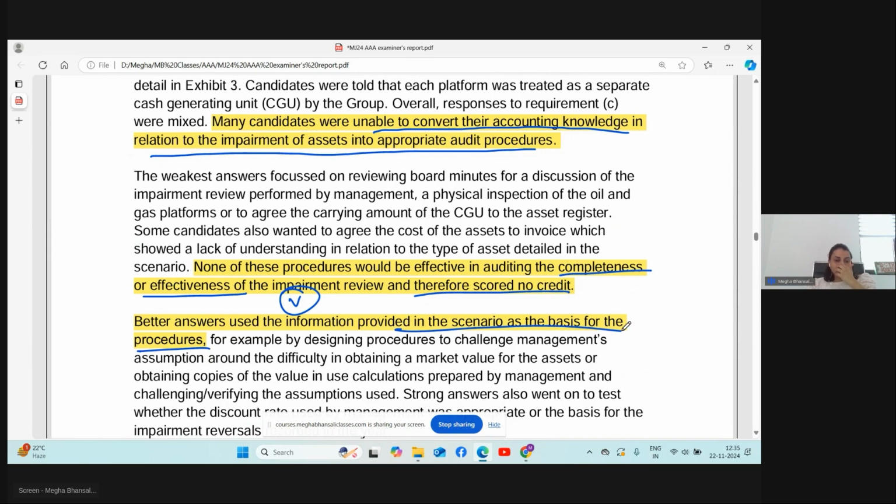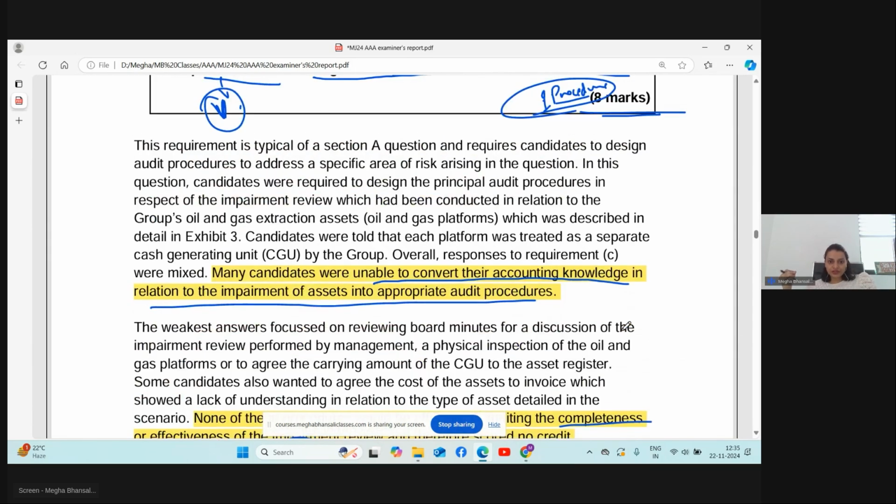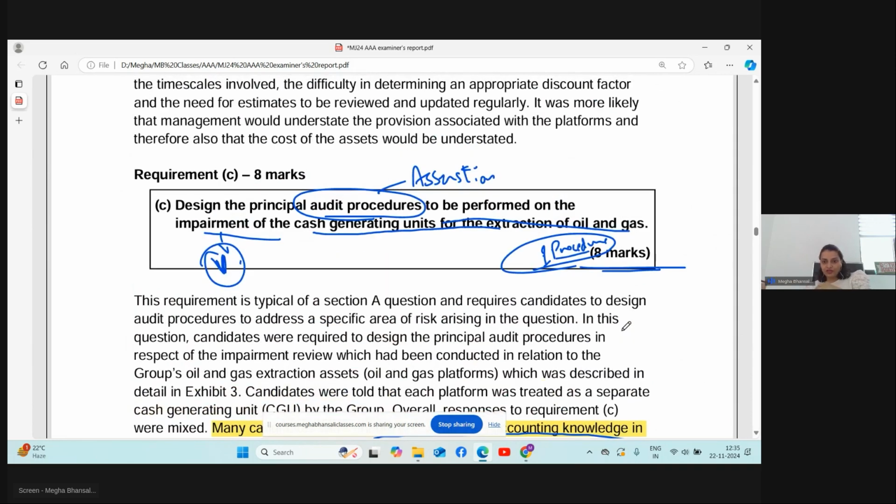Like in this scenario, they have spoken that the recoverable amount is very difficult to determine because it's oil and gas extraction. There is no active market available where I can go and sell it. So the best way to do the valuation of this asset is using value in use. So again, if you have spoken about recoverable amount here, you would not get marks because it is not relevant to the scenario. So please understand the scenario and then answer.